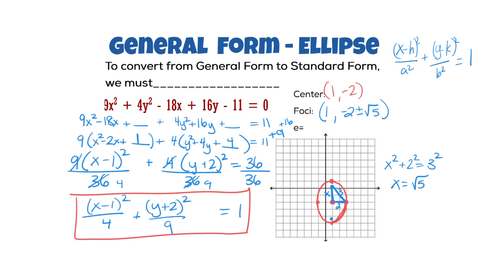Last thing, eccentricity. Remember, that tells you how round your ellipse is. And the closer your focus gets to the edge, the closer to 1 we get. And the closer that focus gets to the center, the more circular it gets. Let's see what we end up with. Eccentricity formula is c over a. C is always the distance to the focus, which I know is the square root of 5.